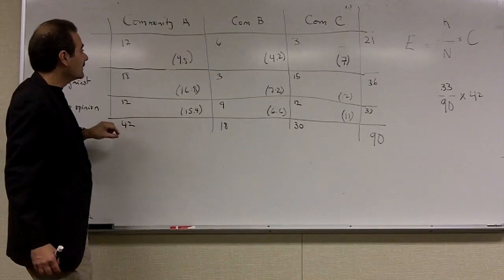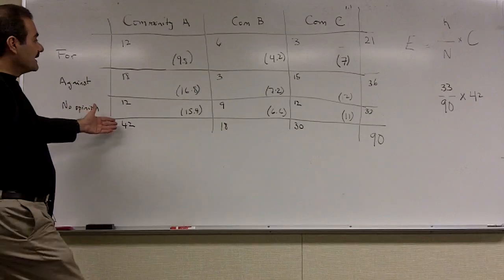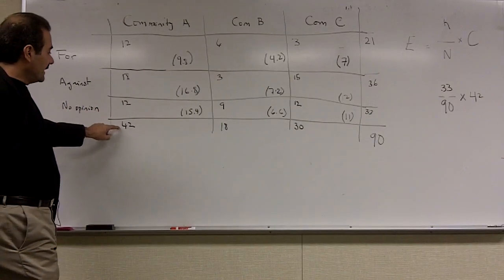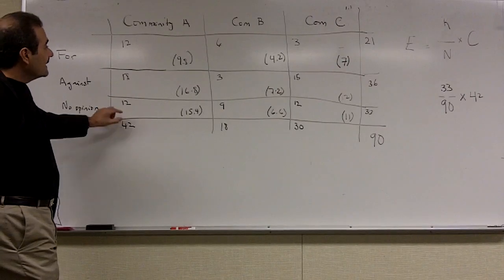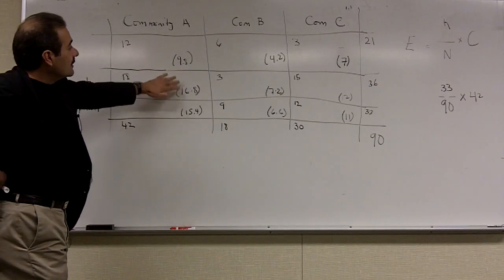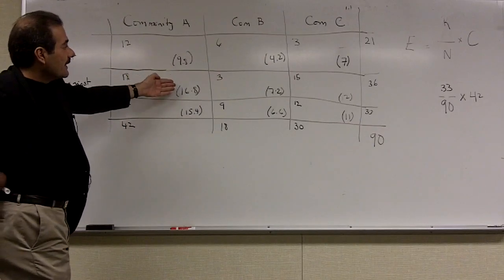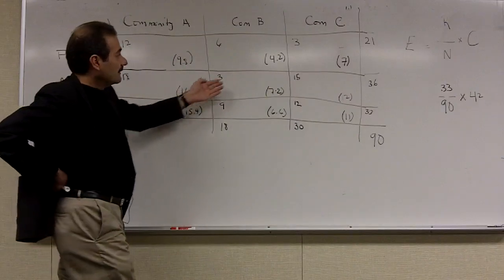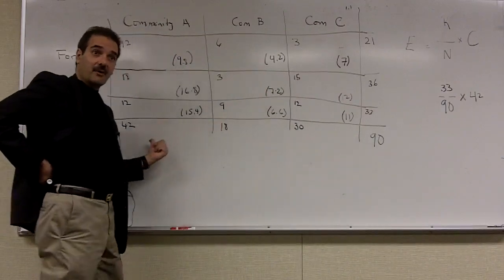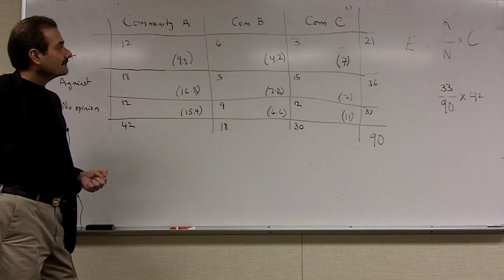Since community A is the biggest community, with 42 people, the numbers here should be bigger than these numbers, and you can see they're bigger because there are more people in community A than in community B and C.